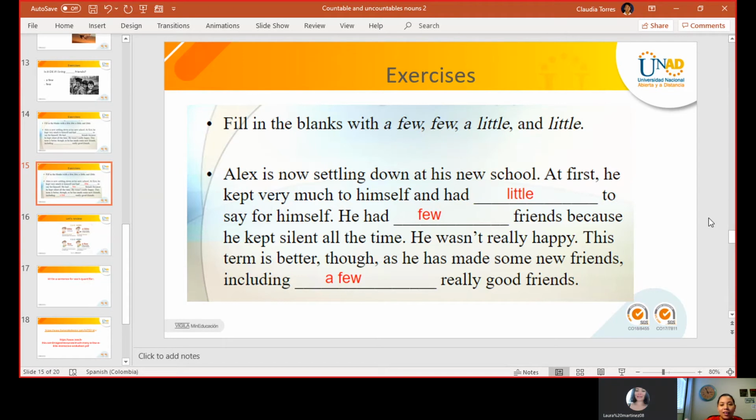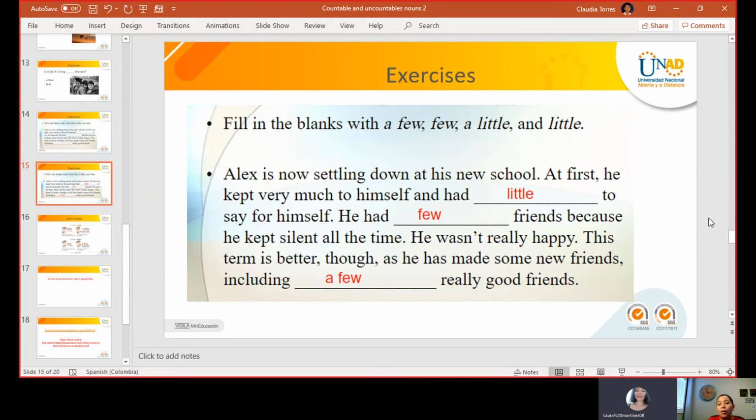And now in the second one, he had few friends because he kept silent all the time. So maybe he made some friends, but not many, right? Not enough. So few friends.